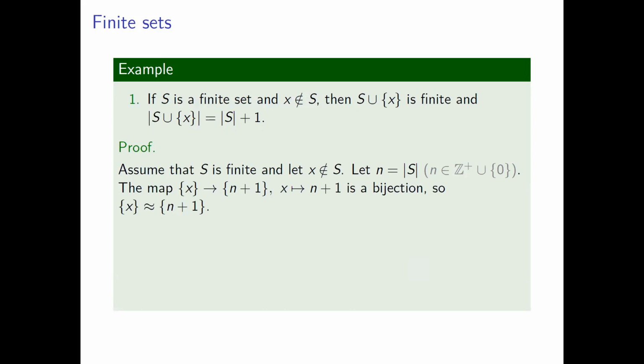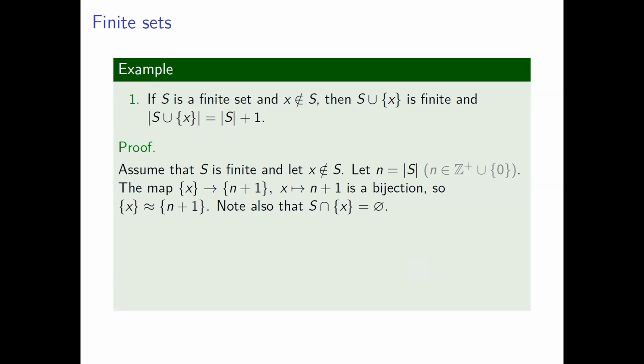Thus, by the definition of numerical equivalence, the singleton with element x is numerically equivalent to the singleton with element n plus 1. Note also that since x is not an element of S, the set S and the singleton whose element is x are disjoint sets.